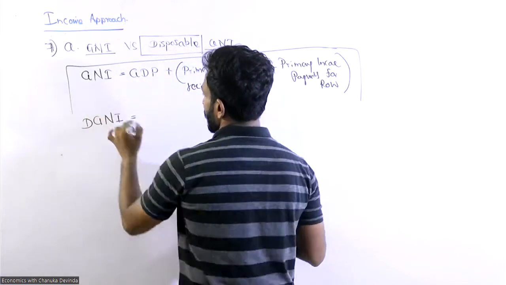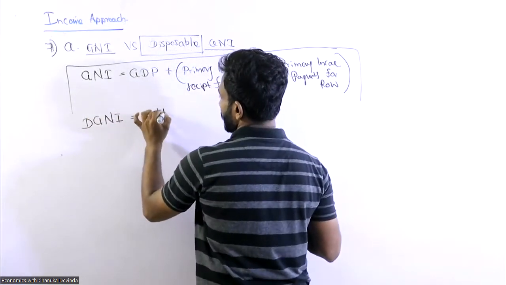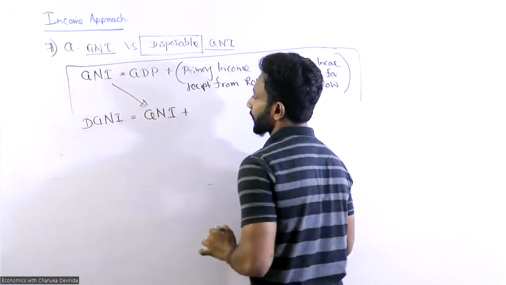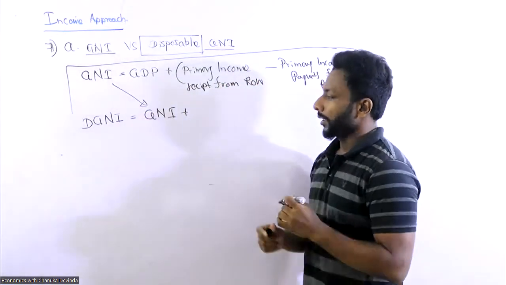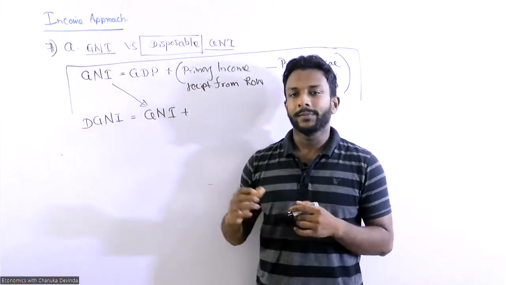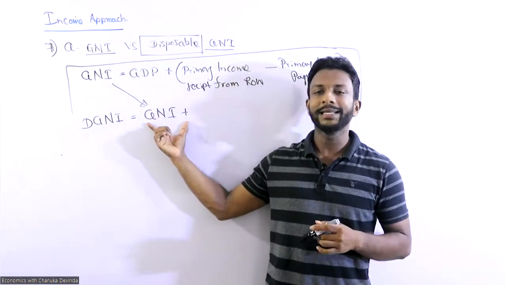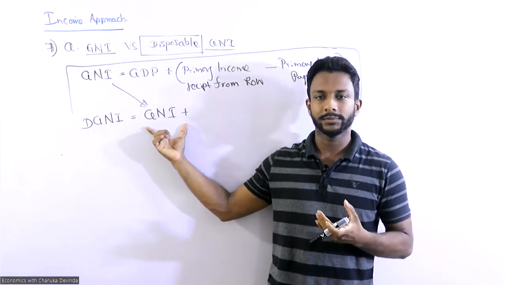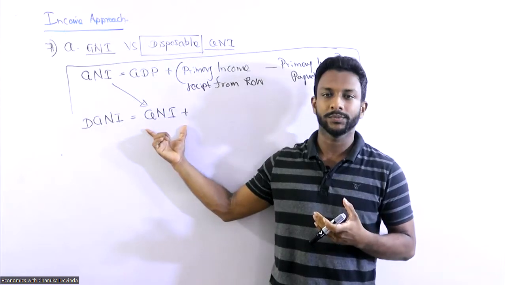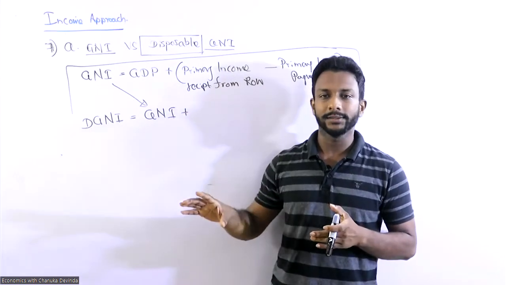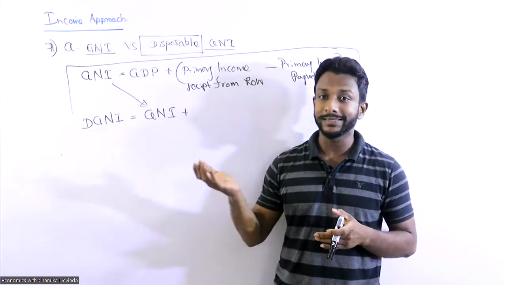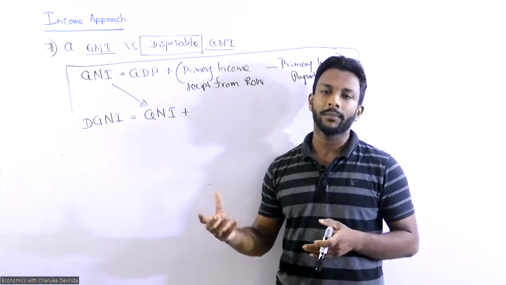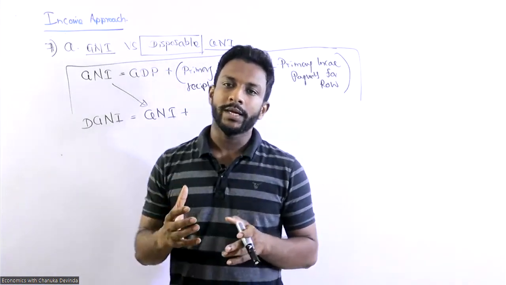So disposable gross national income equals gross national income, this GNI, plus what? GNI is the total income earned by all the resident units, right? But in addition to that, we will receive something else. That means secondary income, right?